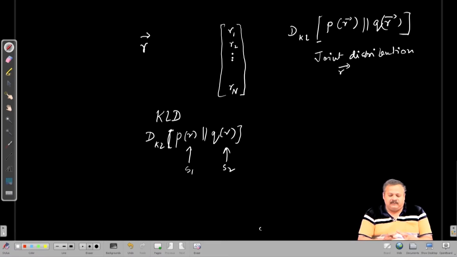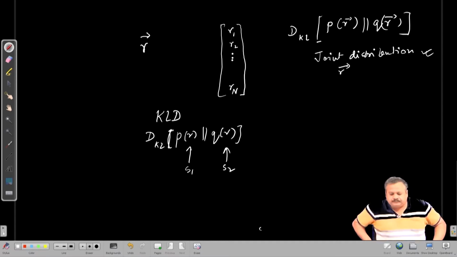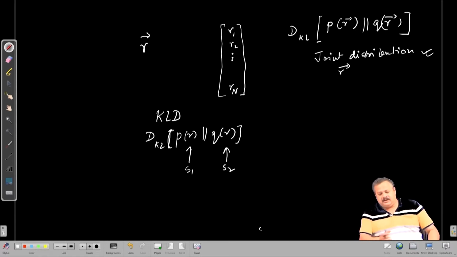So far, when we talk about the joint distribution, we are talking about the dependence between the response and the stimulus, where the response is a random vector, with dependence between the responses of the different neurons.